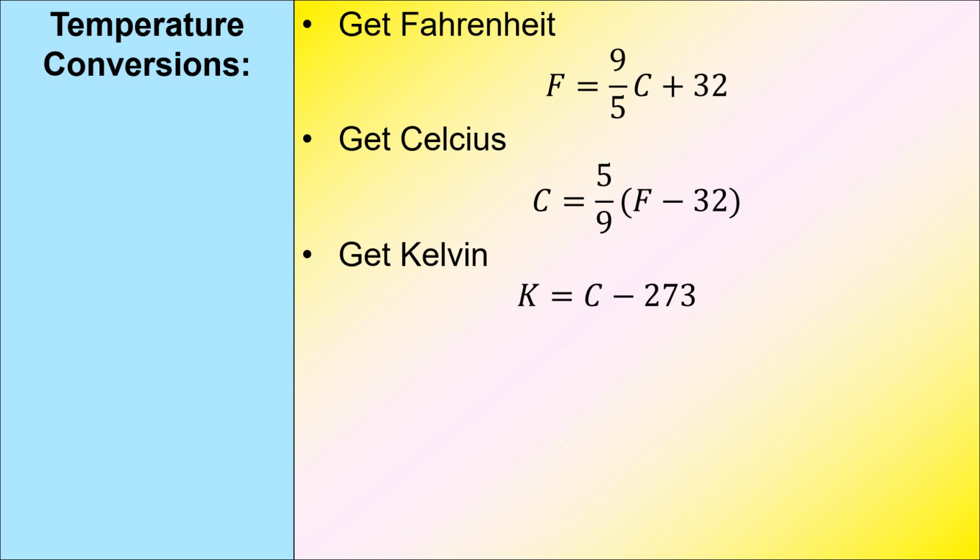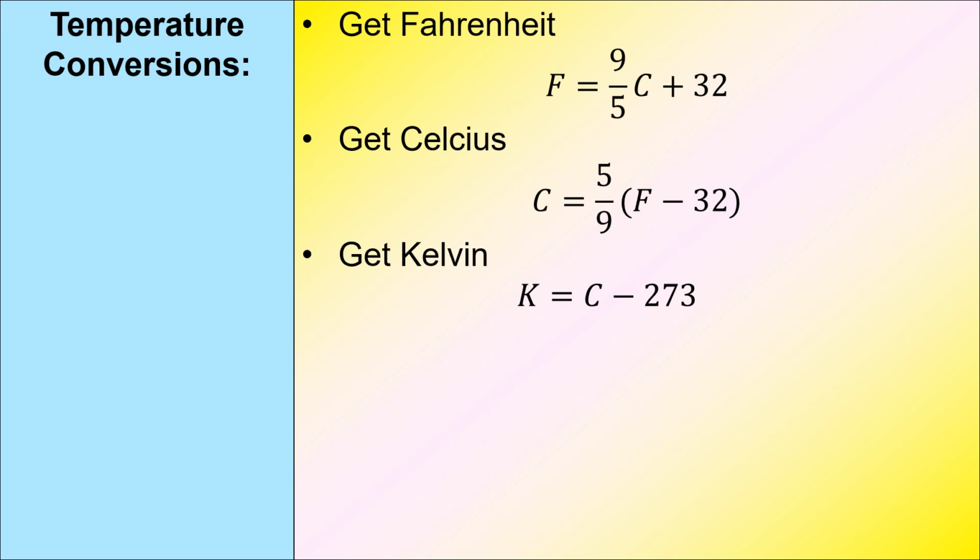We do want to focus on doing conversions, and here are three formulas that we need to know to get Fahrenheit, to get Celsius, and to get Kelvin. Now, if we're involving Kelvin, we'll have an intermediate step where we need to change to Celsius first.